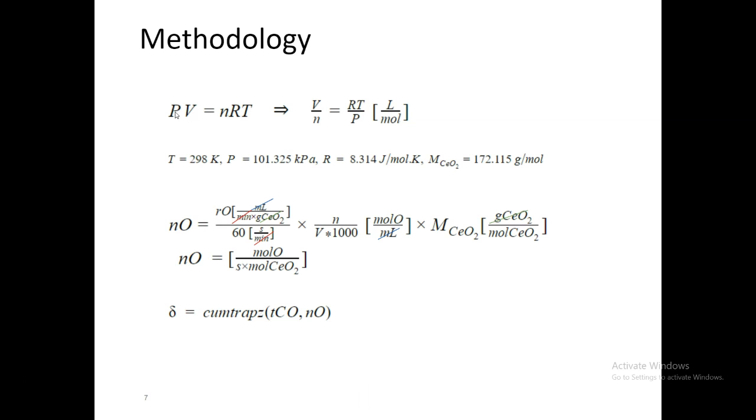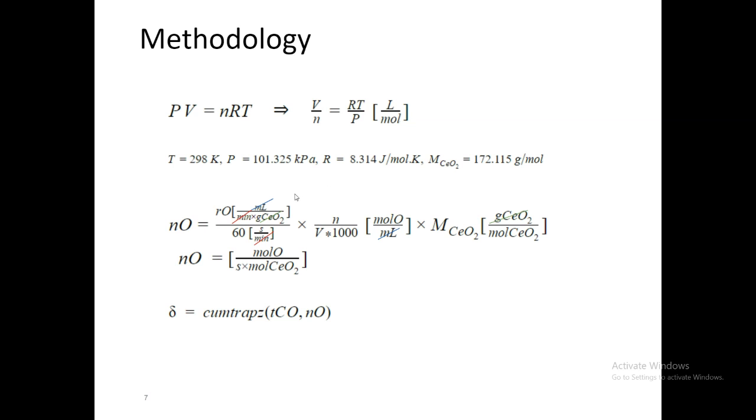Since we're dealing with gases here, we can use the ideal gas law, and we can find this quantity, volume over moles, which is going to be RT over P, and this is going to be in units of liter per mole. We're going to be fixing those because we're trying to control those while the reaction is running, so we can use those directly, plug them here, and we get a quantity in units of liter per mole.